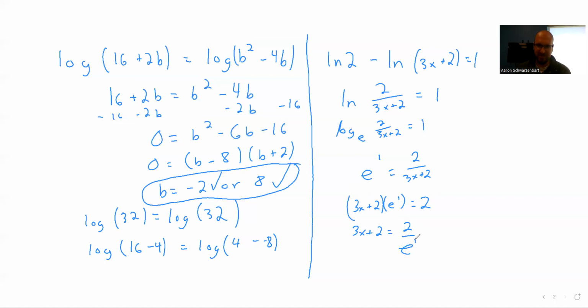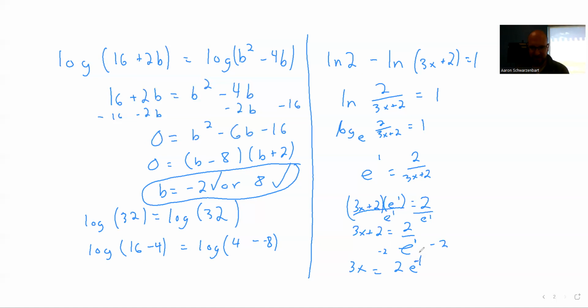So I'm dividing both sides by e to the first to move it to the other side. I'll subtract 2. I don't think I'm going to end up with another fraction. So I'm going to make 2 over e to the first into 2e to the negative first.